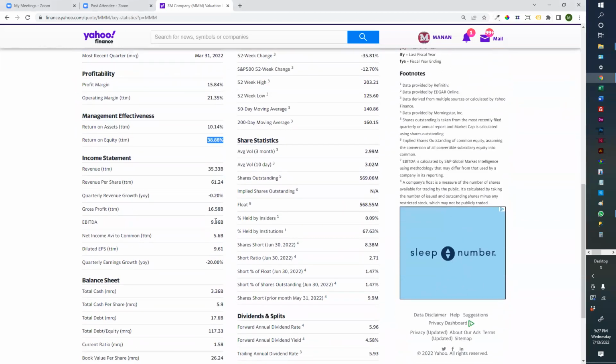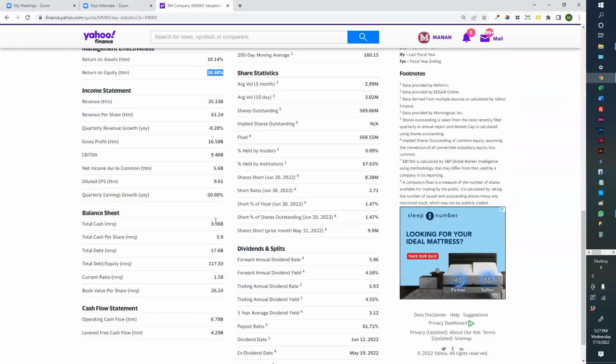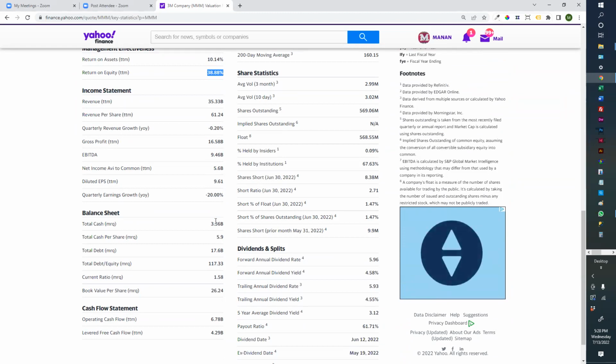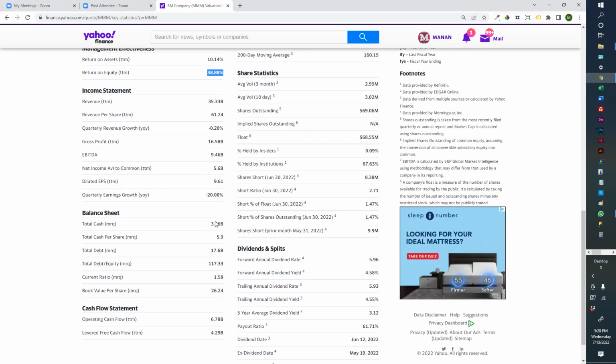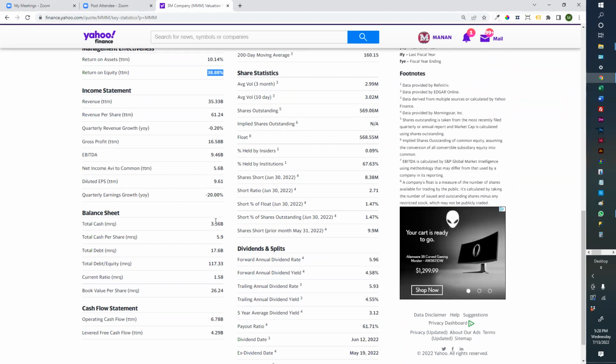When a company produces high return on equity, it's always going to go on a premium. You cannot find it on book value basis. Like you cannot find 3M at $30. If it's trading at $30, I will sell my whole portfolio and just buy only 3M, because it doesn't make sense. So return on equity is very important.